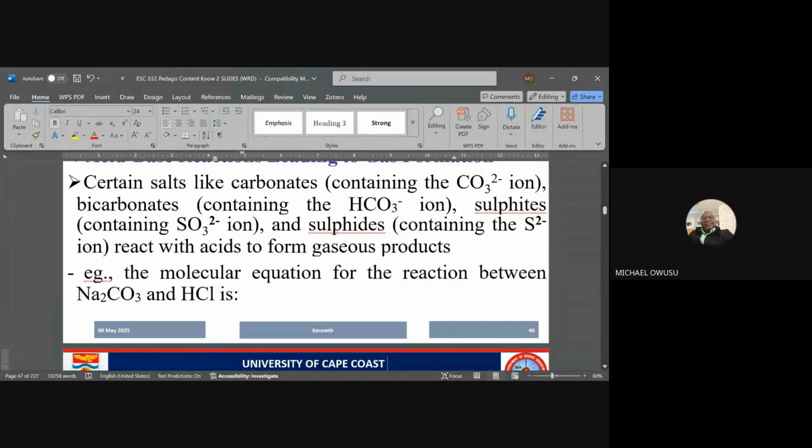Write it, and let's see how it will go. Okay, Doc, we are doing it. Okay, do it. So what we are doing now is going to be think, pair, and share.